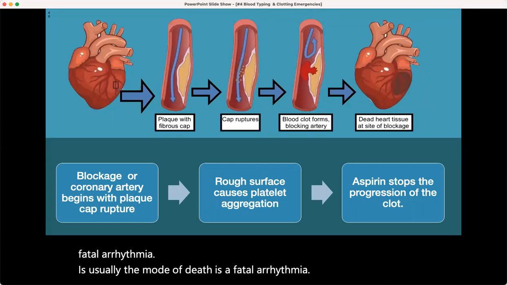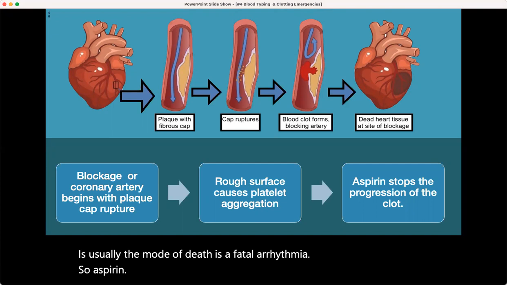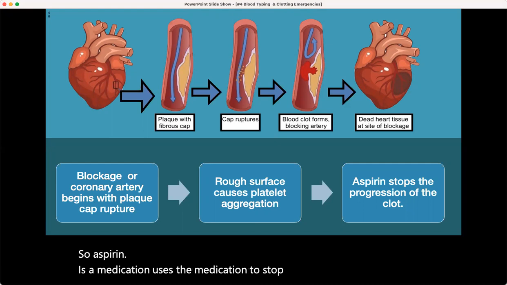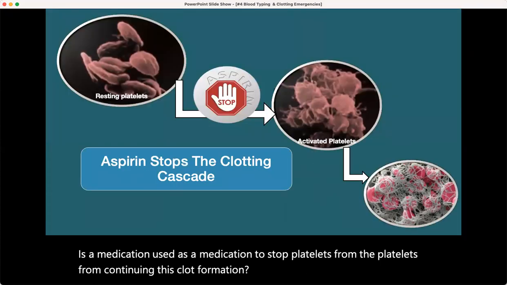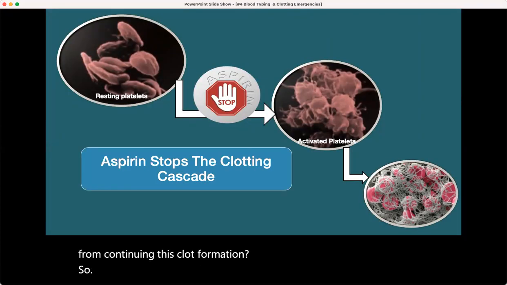So aspirin is used as a medication to stop platelets from continuing this clot formation. It blocks this cascade from resting platelets to activated platelets.